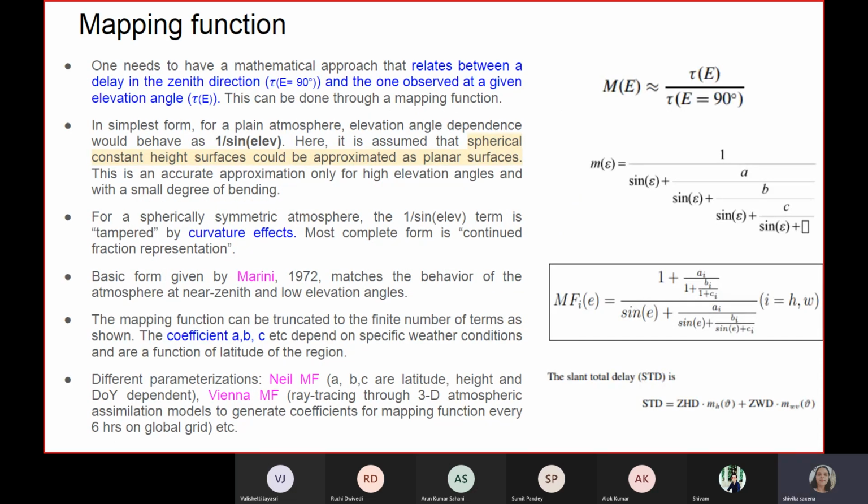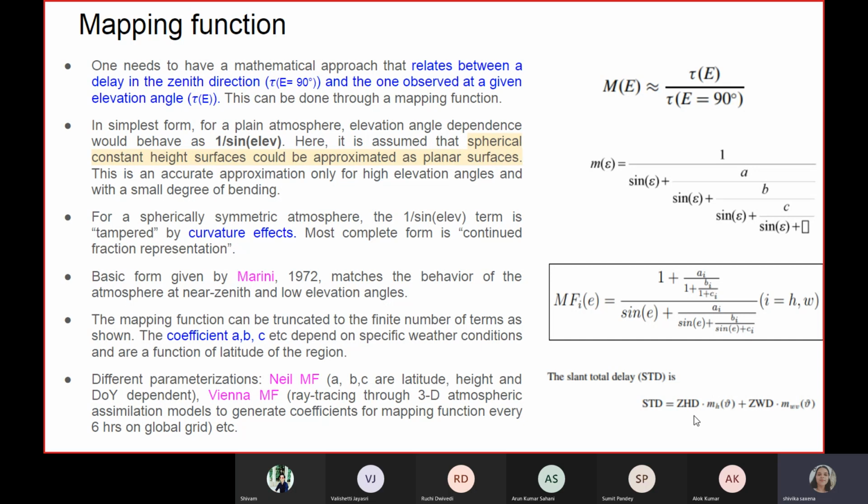So, mapping function. As I discussed, this is the relationship between zenith delay and the slant delay. The last equation you can see: the slant total delay is equal to the total delay, meaning dry plus wet. The product in the first term, ZHD into the hydrostatic mapping function, is known as slant hydrostatic delay, or SHD.